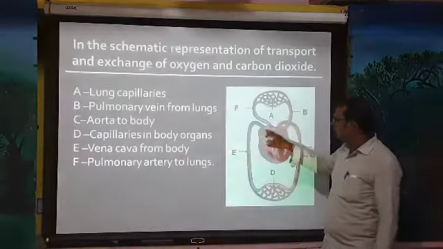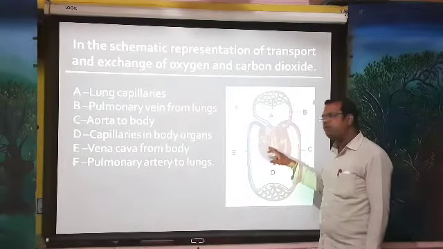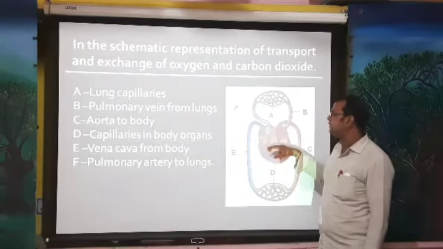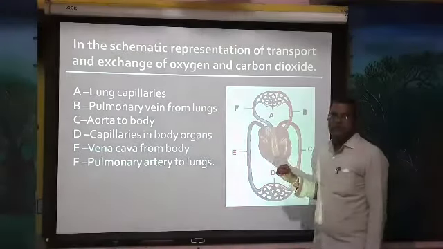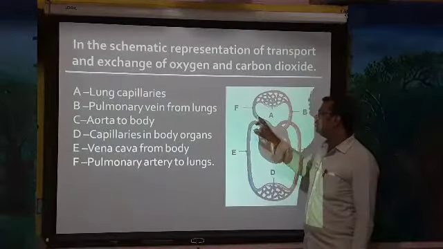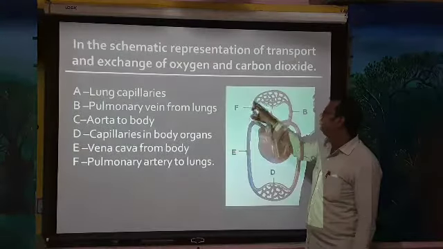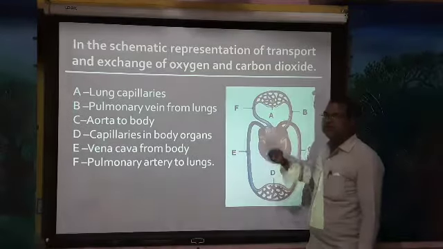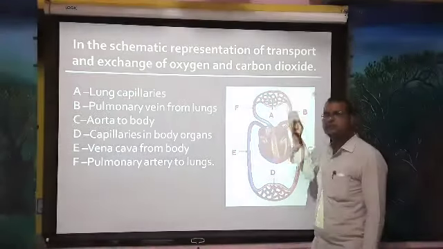From the right atrium, the blood flows into the right ventricle. From the right ventricle, the blood is pushed into one more structure called the pulmonary artery. This pulmonary artery carries deoxygenated blood, or carbon dioxide, to the lungs. Again in the lungs the exchange of gases takes place.